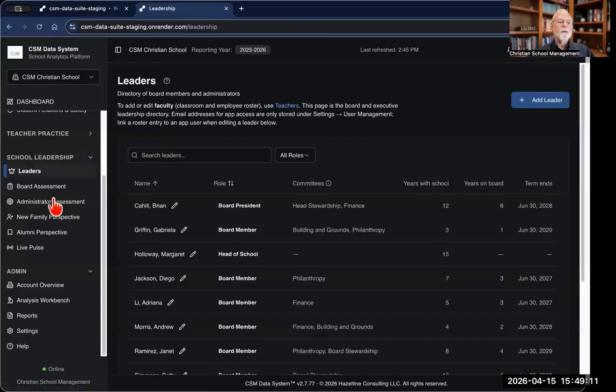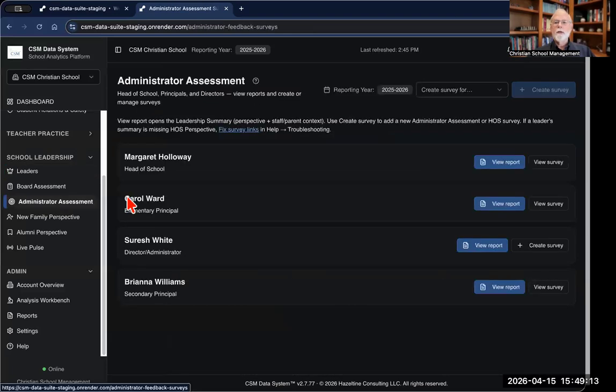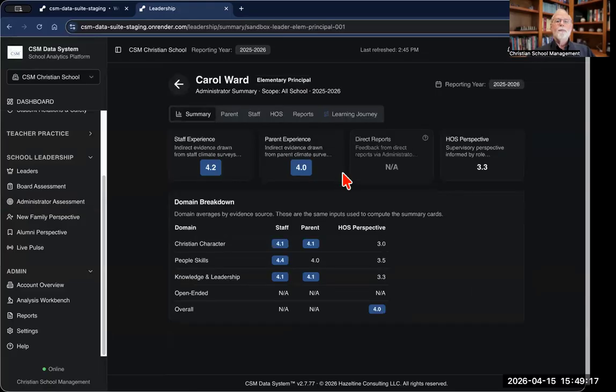so if we take our elementary principal here, we have the same sort of thing. So the staff and parent experience or their perspective is included, but again, it's indirect evidence. It's not them specifically commenting about that administrator.